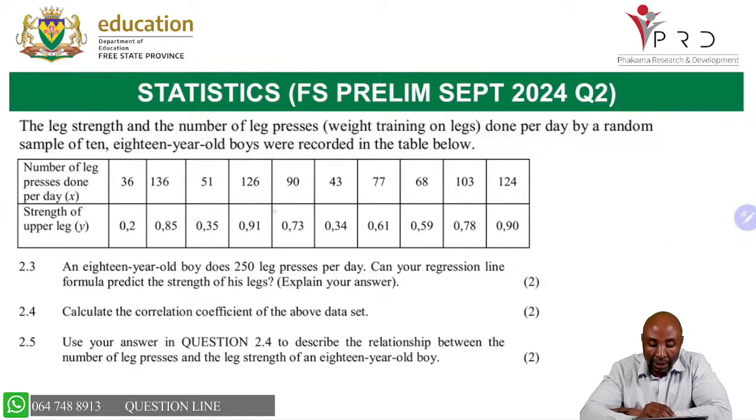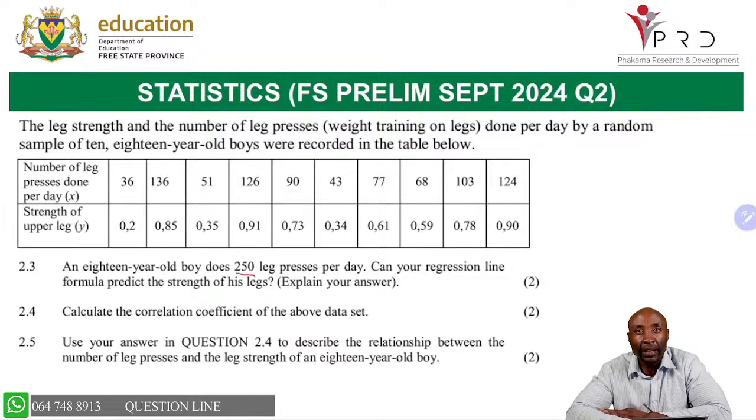On our interval, the minimum done there is 36 and the maximum leg presses done there is 136. So that's our minimum X value. This is our maximum X value. Therefore, 250 leg presses is outside the interval. So our prediction there cannot be trusted.